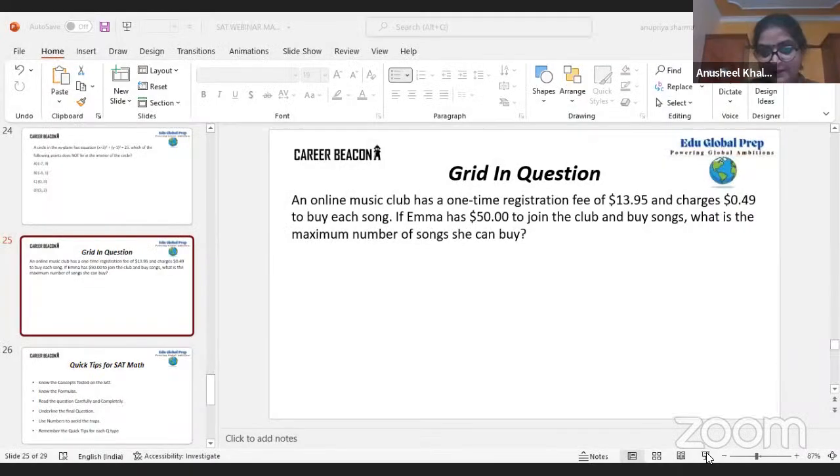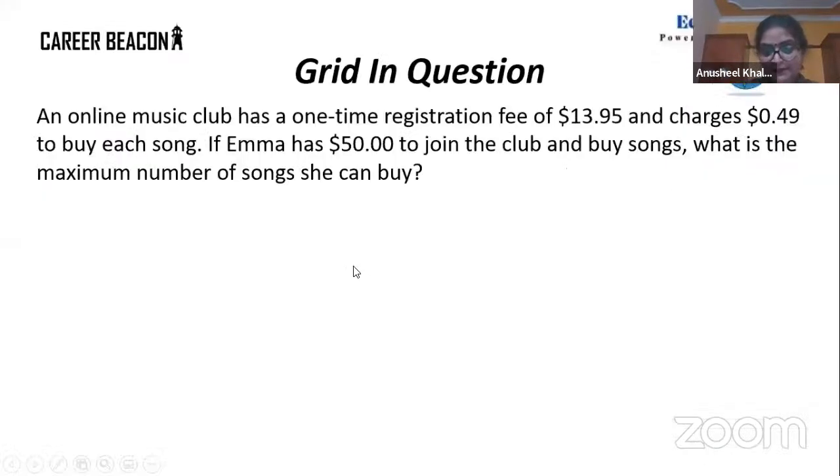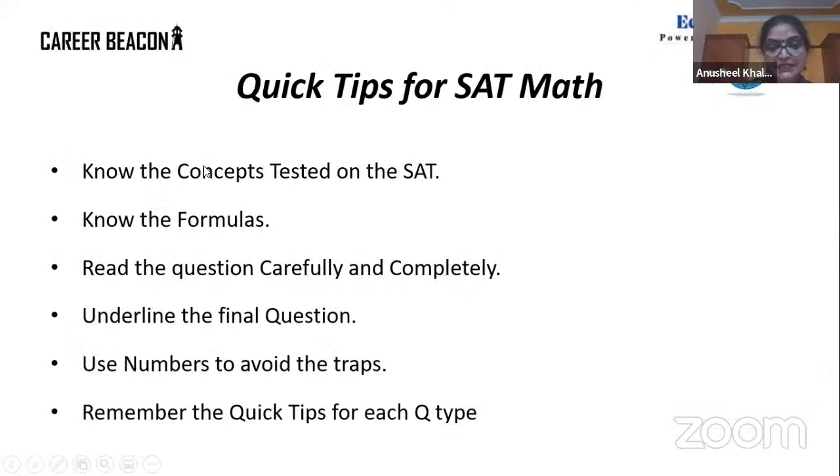So last, I would ask you to please sum up all the strategies for the math together. Sure. Okay, so these are the quick tips for the math part.